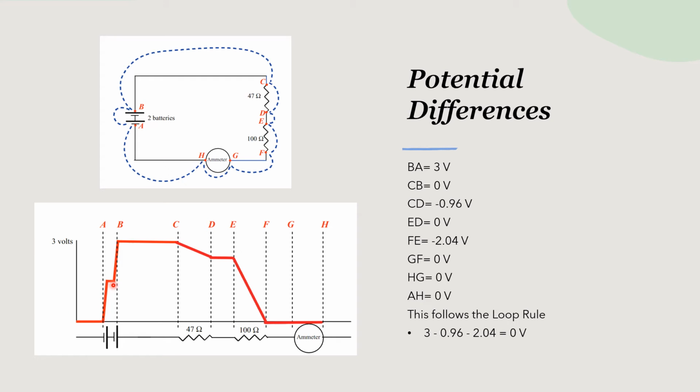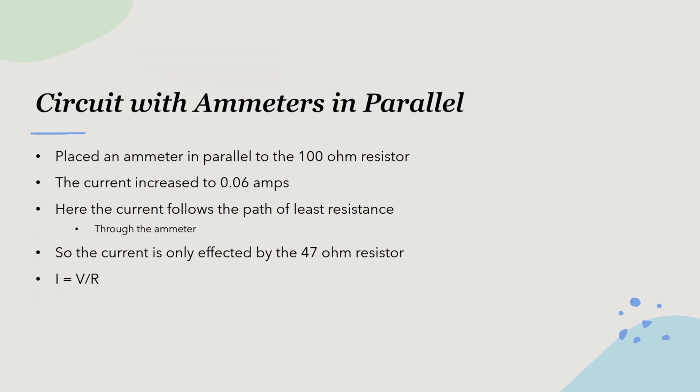Here's a little graph of how it looks across the entire circuit. And this does follow the loop rule, where 3 volts minus 0.96 minus 2.04 equals 0.